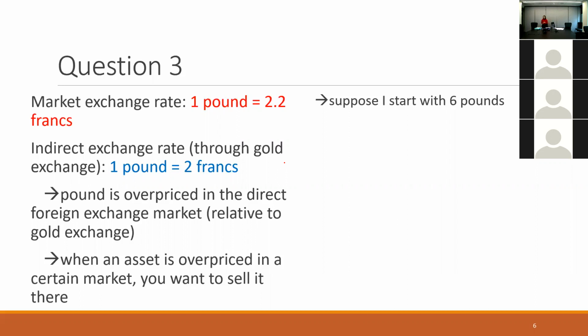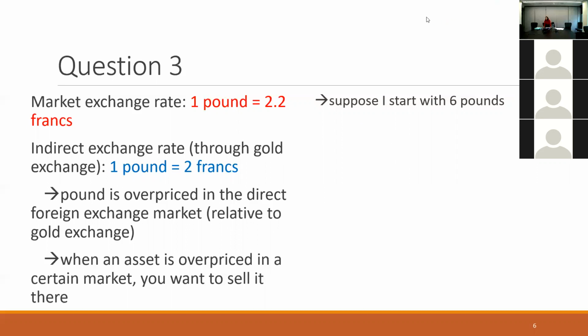How much can I exchange the pounds for? Hang on, I'm just checking the chat. 7.2, it doesn't look right, so 7.2 is not the answer.